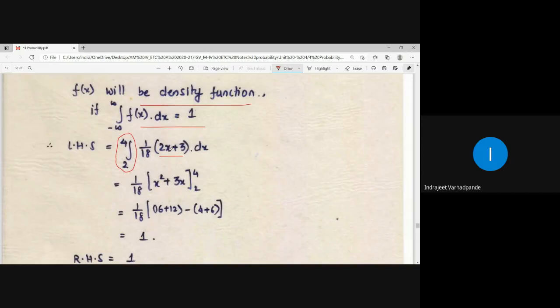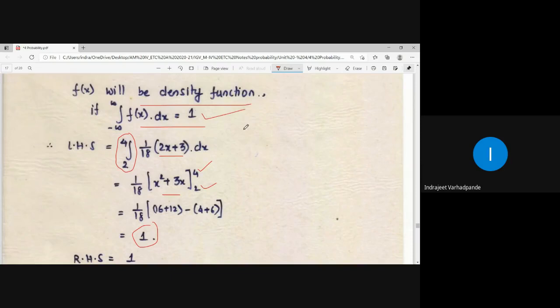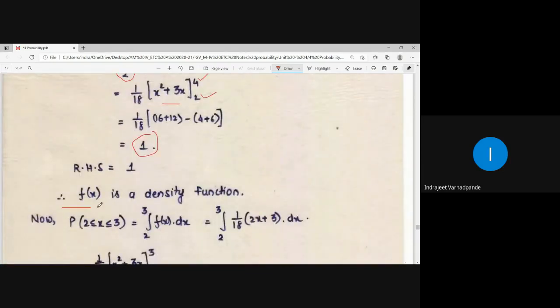Integration of x is x square by 2. Integration of 3 is 3 into x. So it is 1 by 18 into this integral, substituted between the limits, upper limit 4, lower limit 2, and I am getting the answer as 1. So this condition is fulfilled, and hence I say that yes, it is a density function.